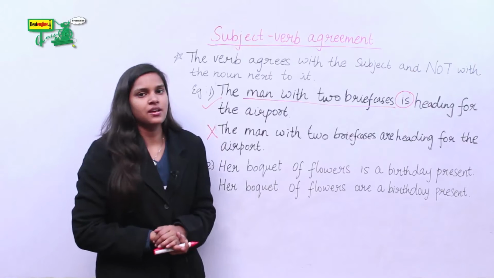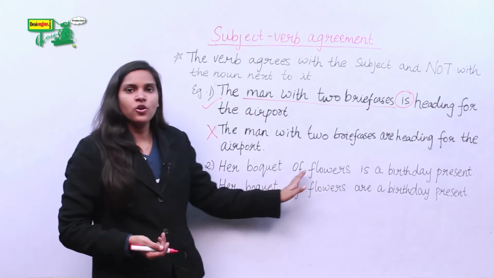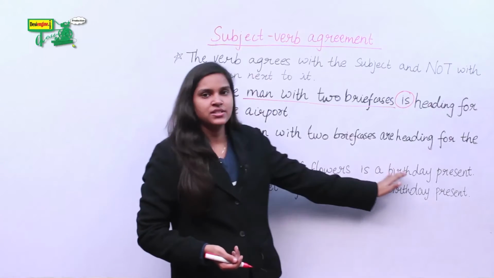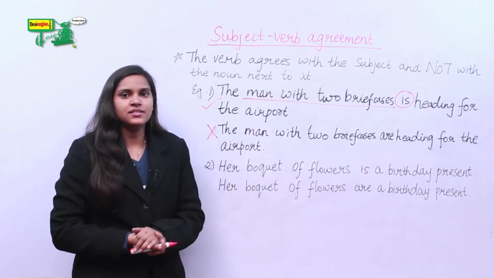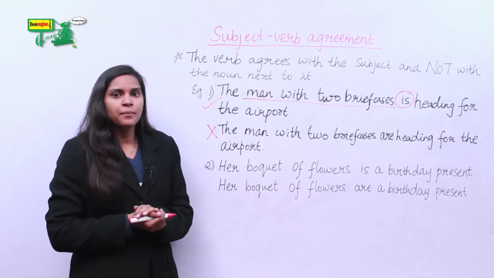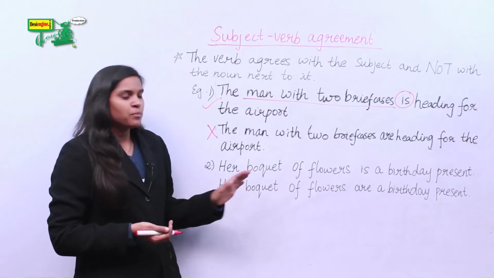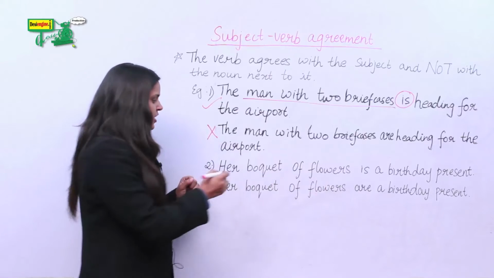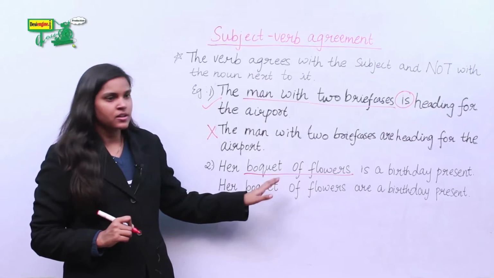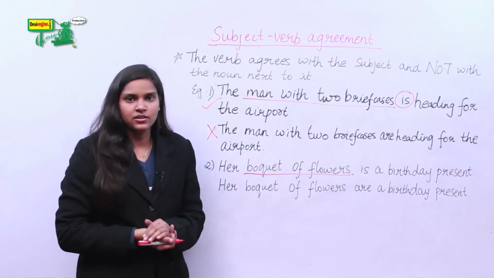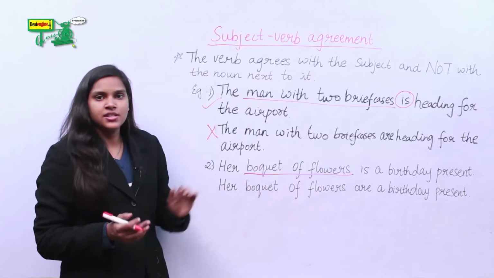Let's do another example. Her bouquet of flowers is a birthday present. Since flowers is plural, there is a tendency to add a plural verb. But take a look. Bouquet of flowers is a noun phrase. The subject is bouquet and the noun is flowers. The subject bouquet is singular.